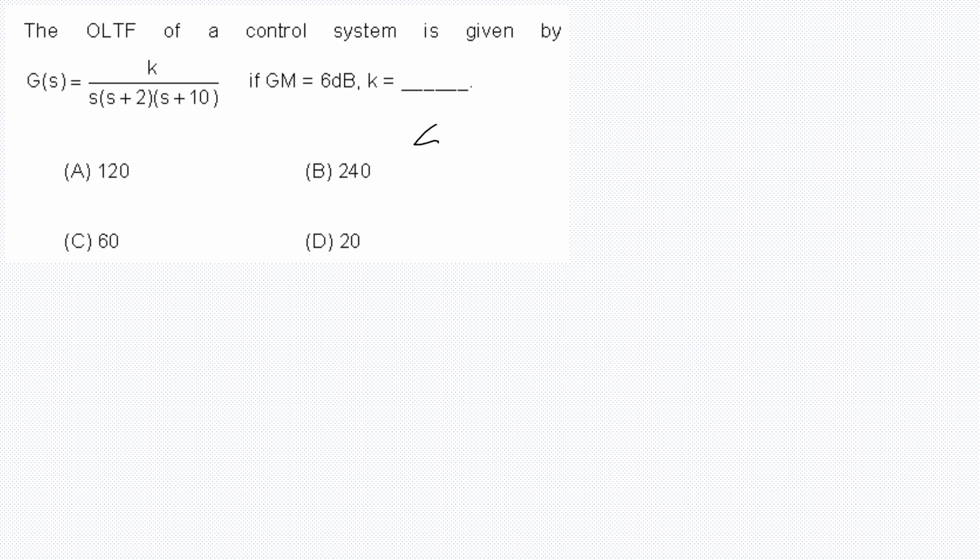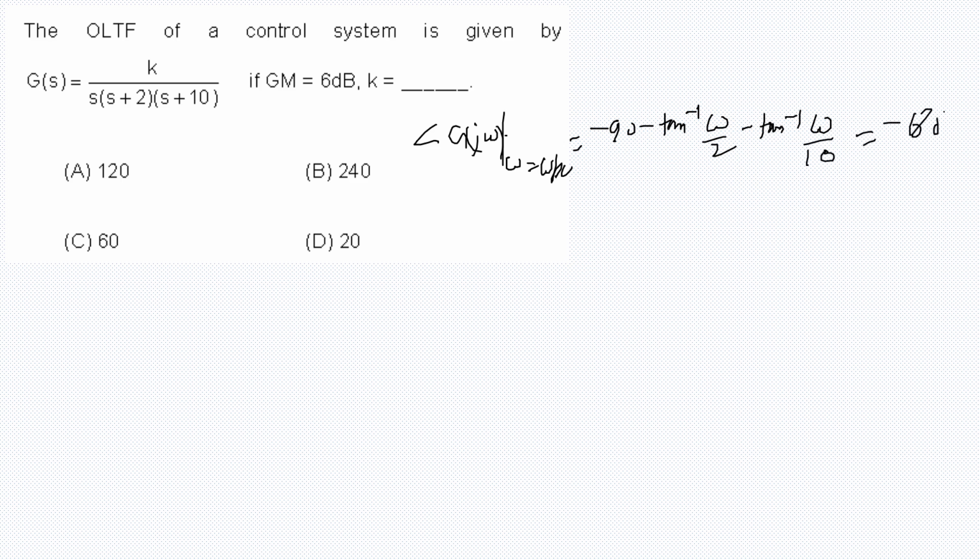We got angle of G(j omega) at omega equals omega pc is equal to minus 90 minus tan inverse of omega by 2 minus tan inverse of omega by 10, and that we need to equate to minus 180 degrees. Let me also point out that these are all omega pc.